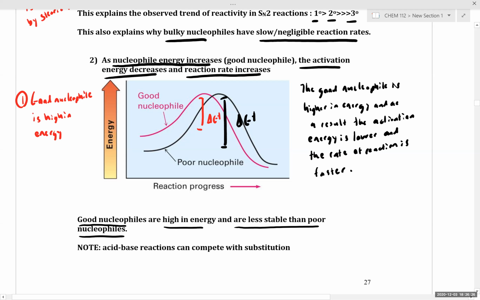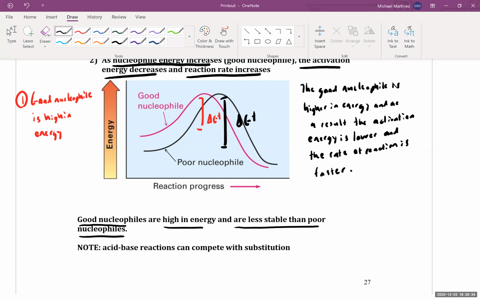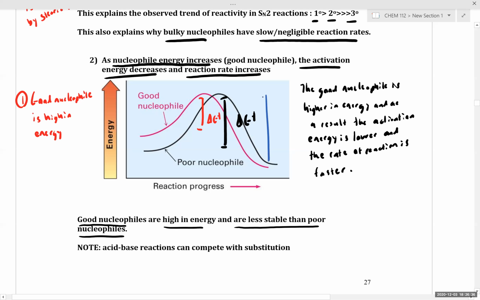That's also the reason why the SN2 reaction very rarely will go in reverse in an appreciable amount, because the activation energy for our reverse reaction is so large. Does everyone see how the reverse reaction has a pretty large activation barrier compared to our forward reaction?